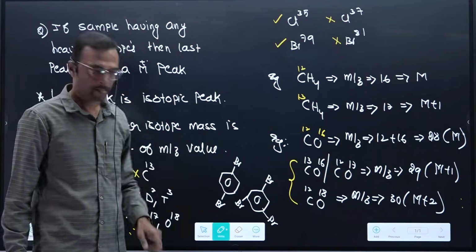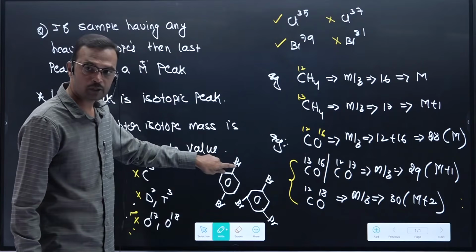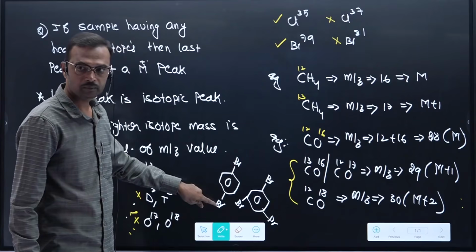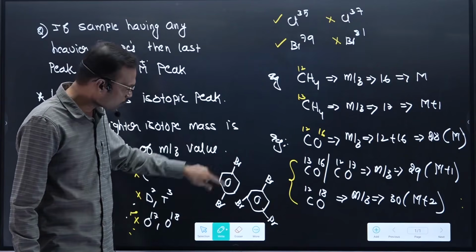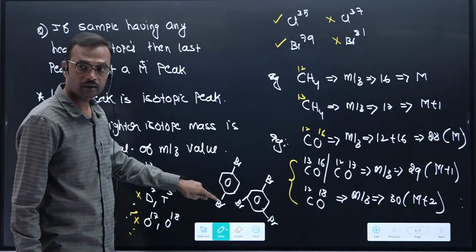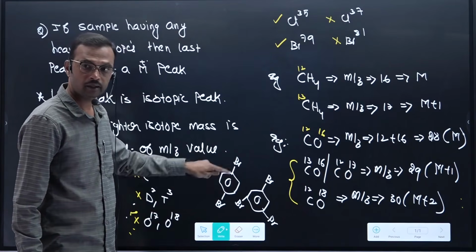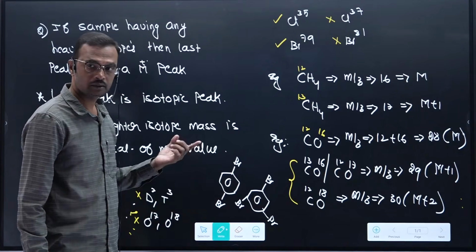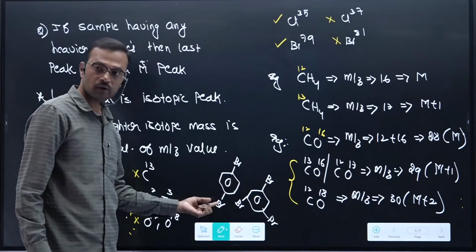So remember, bromine lighter. Lighter means how much? 79. Bromine lighter, 79. Suppose out of these two, one is lighter, the other is heavier. Then 79, 81. One more possibility, 81, 81.